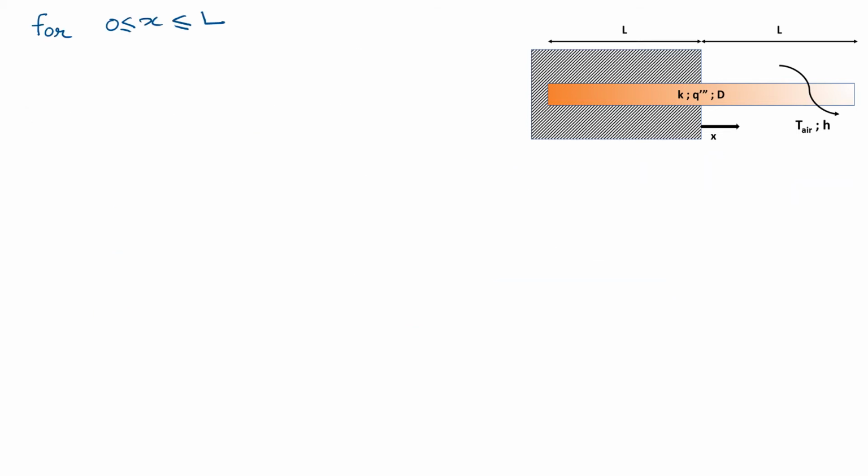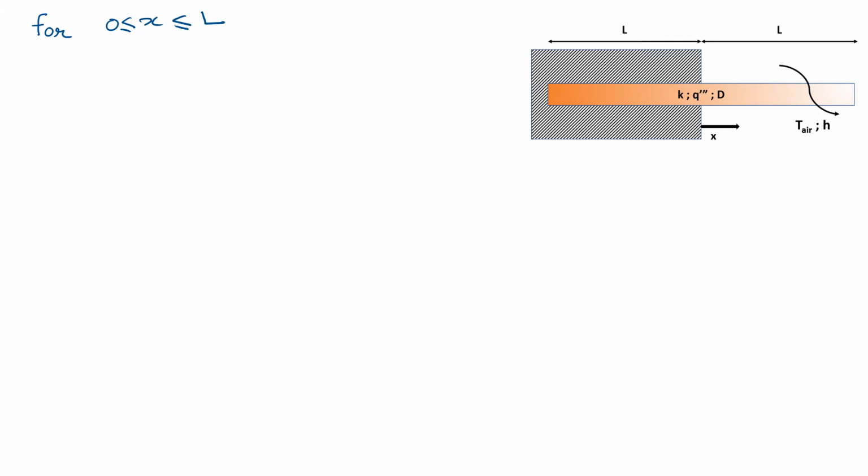Okay, so let's move on to finding the temperature distribution in the two portions of the rod. That's for the portion that is inside the insulation and the portion that extends out of the surface and is exposed to air.